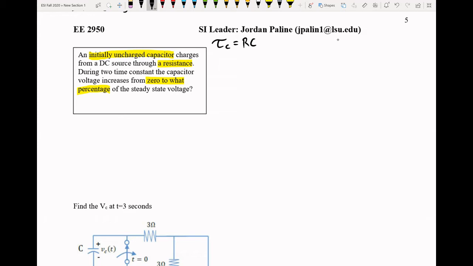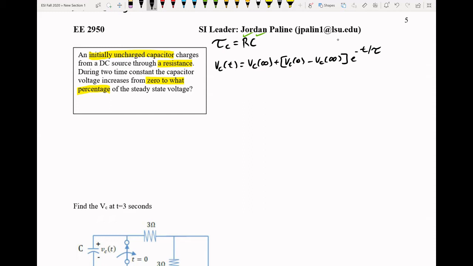Our equation for charging and discharging, if we have a resistance and a capacitance, is going to be V of C at a time t is equal to V of C at infinity plus V of C at 0 minus V of C at infinity, times e to the minus time divided by tau, which is our time constant.